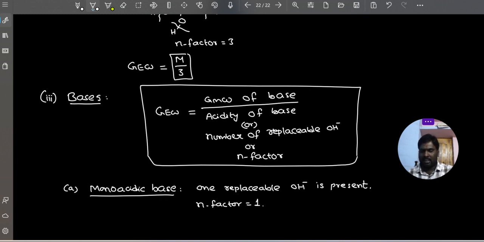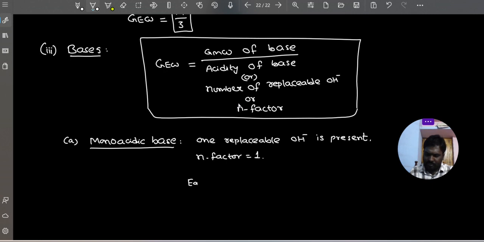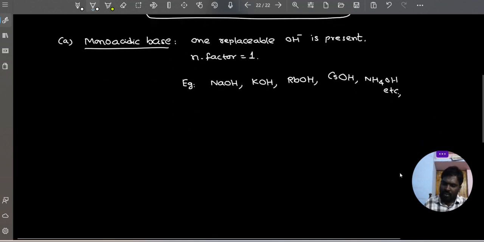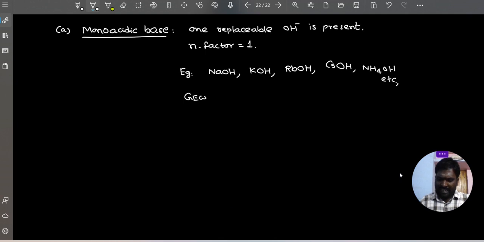Examples: sodium hydroxide, potassium hydroxide, rubidium hydroxide, cesium hydroxide, ammonium hydroxide, etc. Gram equivalent weight of sodium hydroxide is its molecular weight 40 divided by the number of replaceable hydroxides 1, so 40.